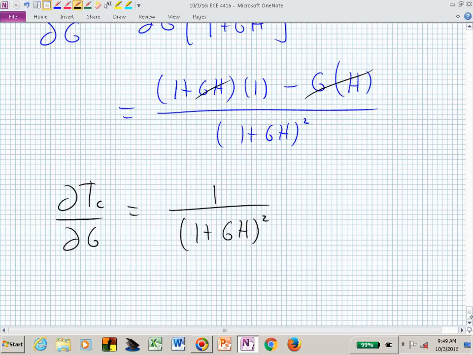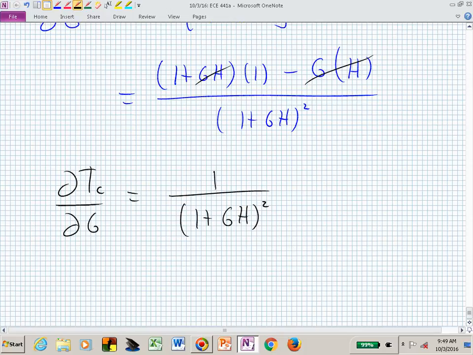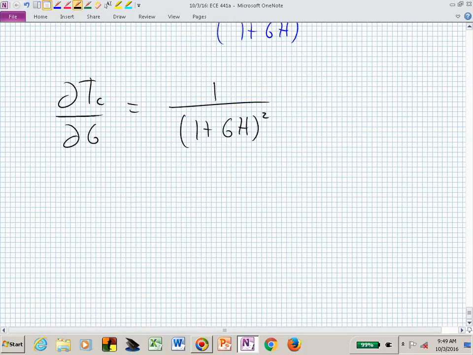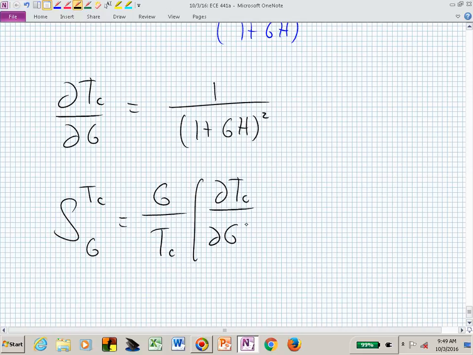But that's not the sensitivity, is it? That's a piece of the sensitivity. The sensitivity includes G over T sub c times that partial of T sub c over partial of G. We have G, and what's T sub c? Cheer 2.